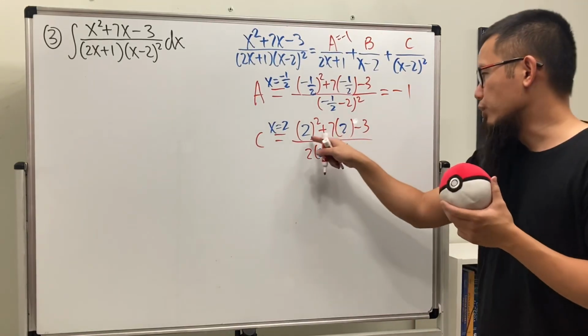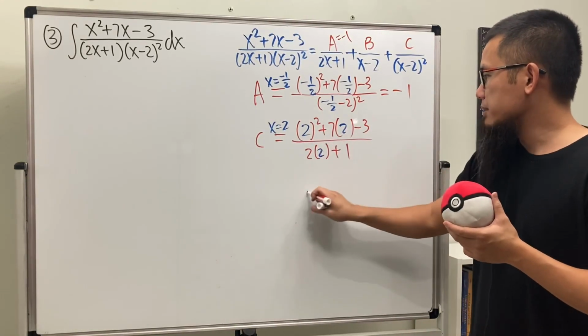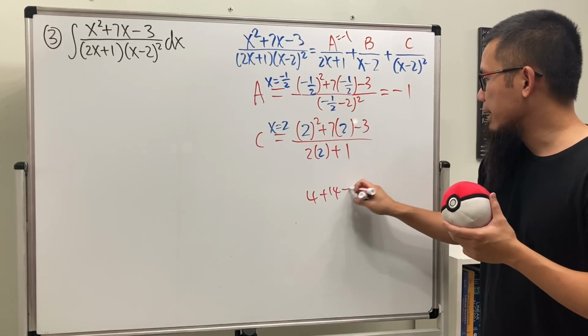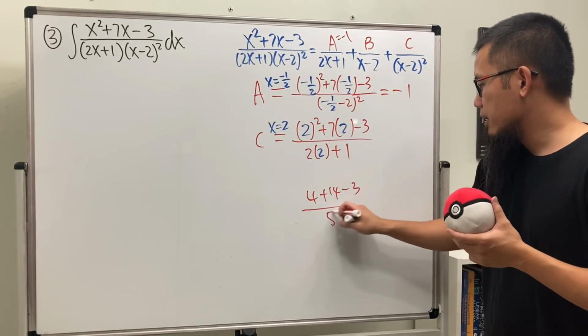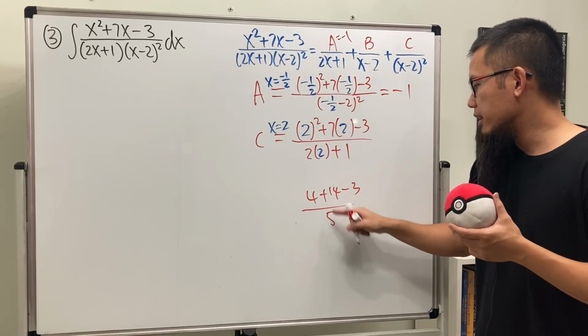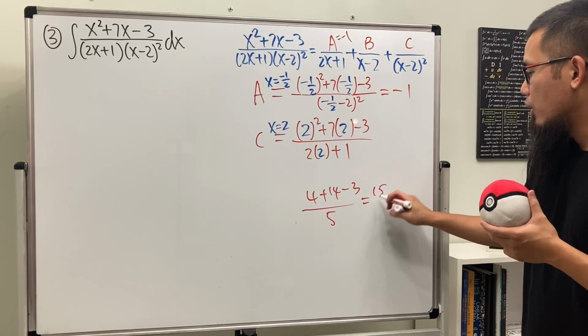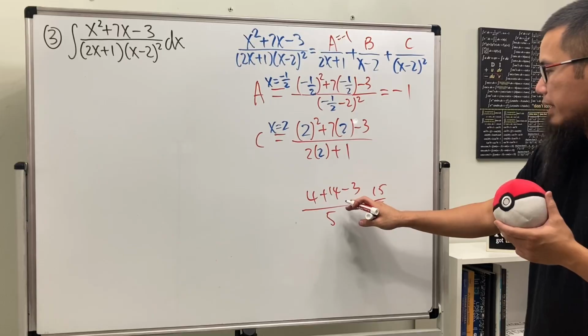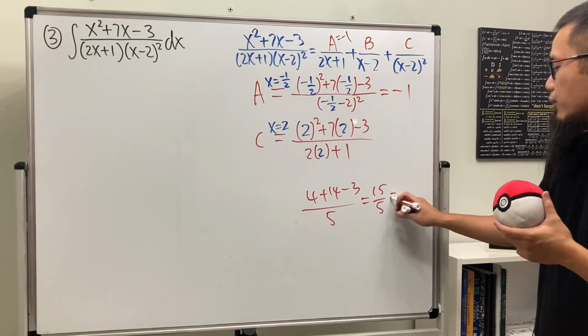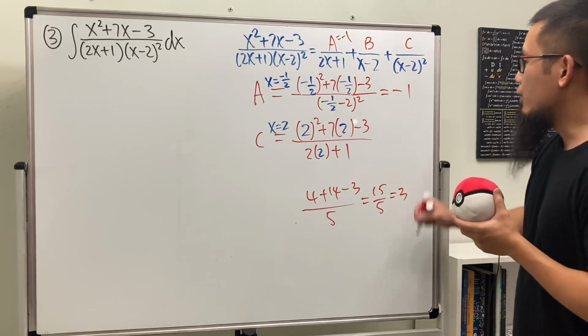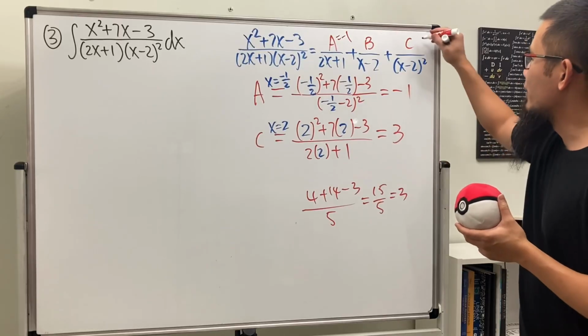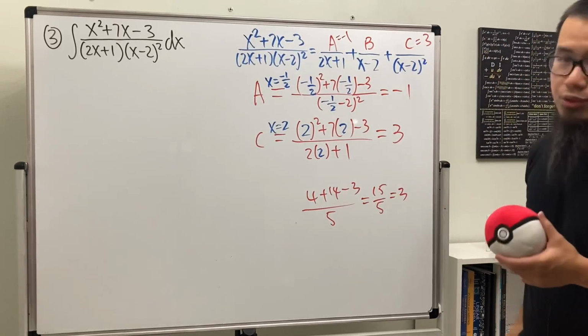Okay, again, let's just work this out. This is 4 plus 14 minus 3 over 5, and this is 18 minus 3 is 15 over 5. Yes, and then this is going to give us positive 3. So C is also really nice. So here we have C equals 3.